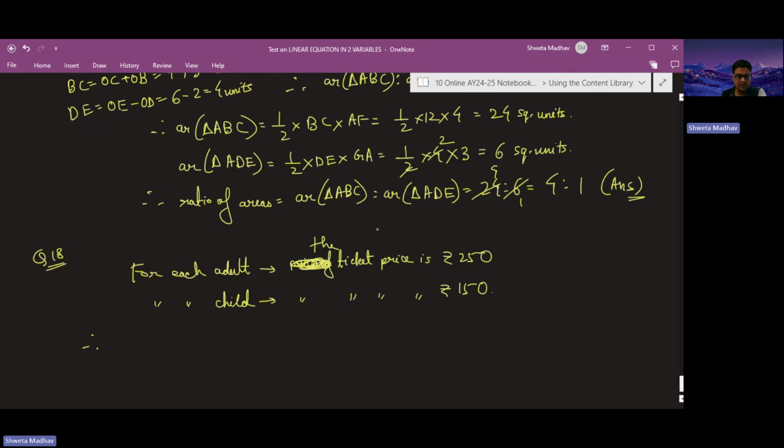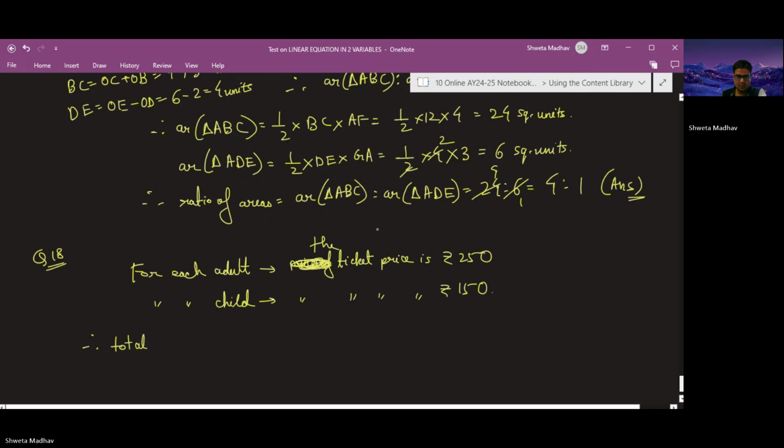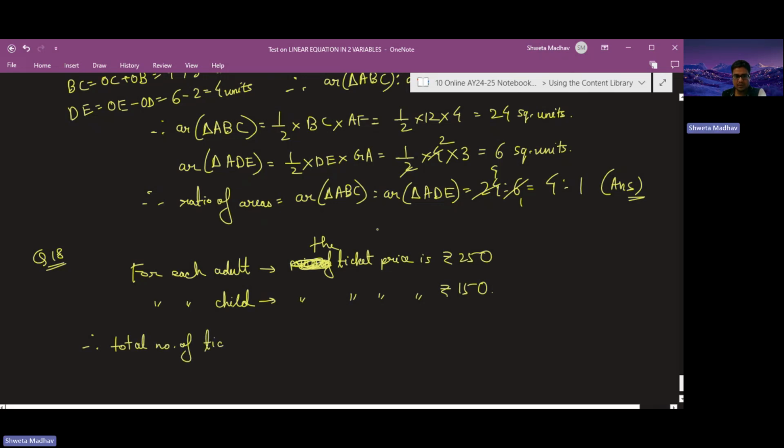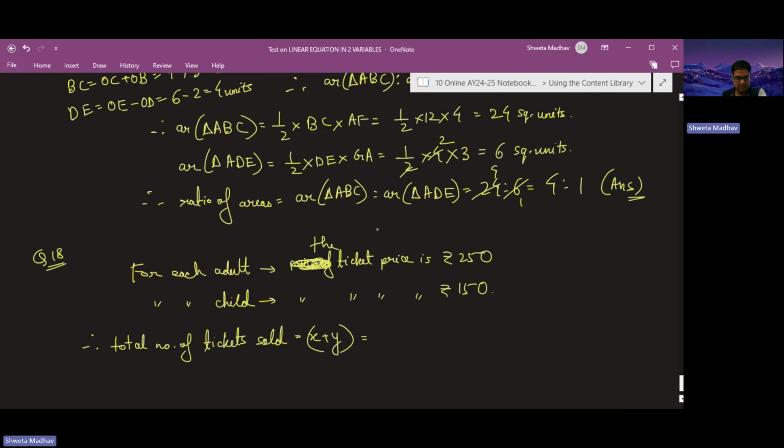If the number of children visited is X and the number of adults visited is Y, then write the correct situation algebraically. Therefore, the total number of tickets sold will be equal to X plus Y, and that will be equal to 300.